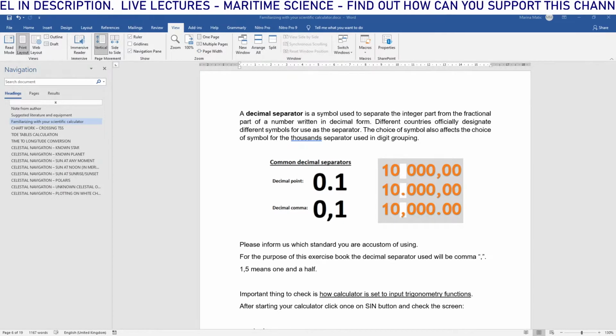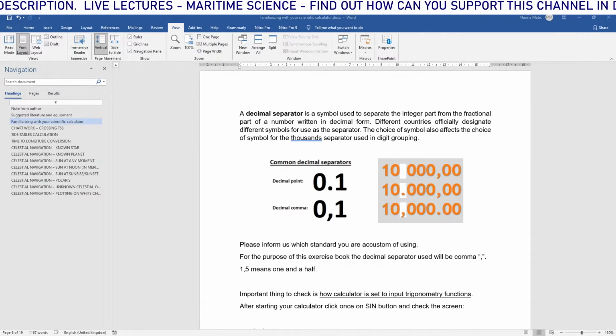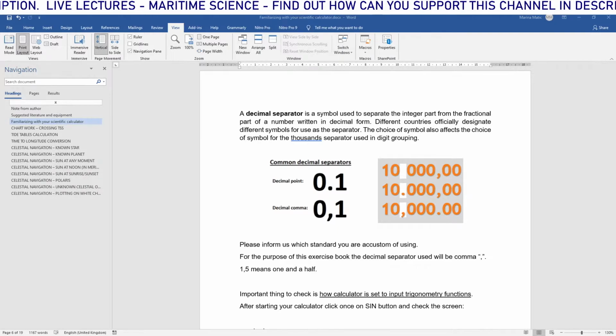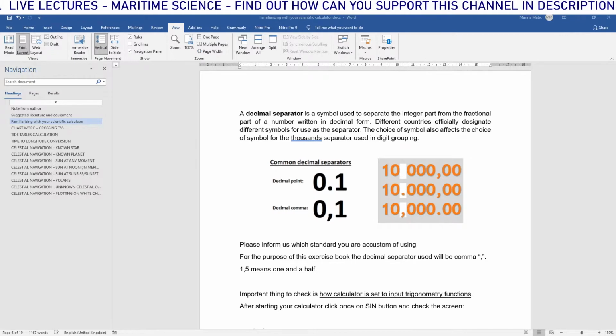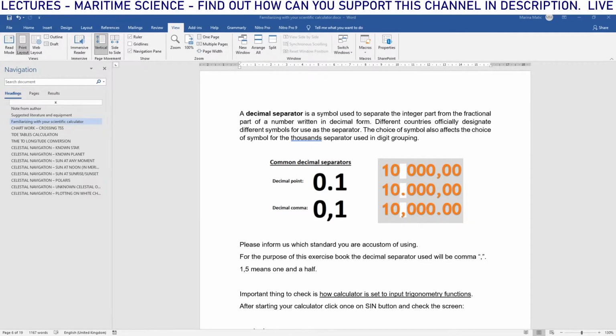When I'm working on a textbook in Word, I have to make one book, completely finish it with a point, and then for people living in different countries using a different decimal separator, I have to change every point into comma for another book.